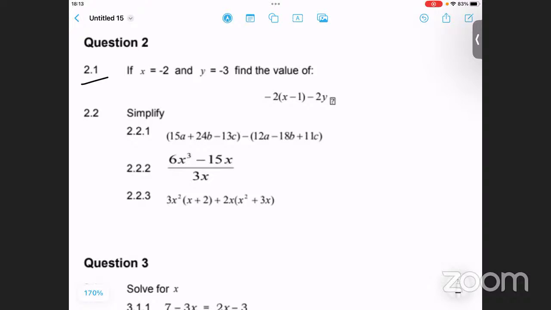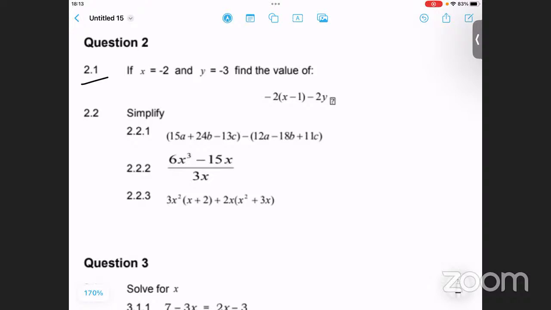Oh, so I did -2 times -2 inside the bracket since x equals -2. And then I kept it the same, which was -2 brackets -2 -1 close brackets -2y.